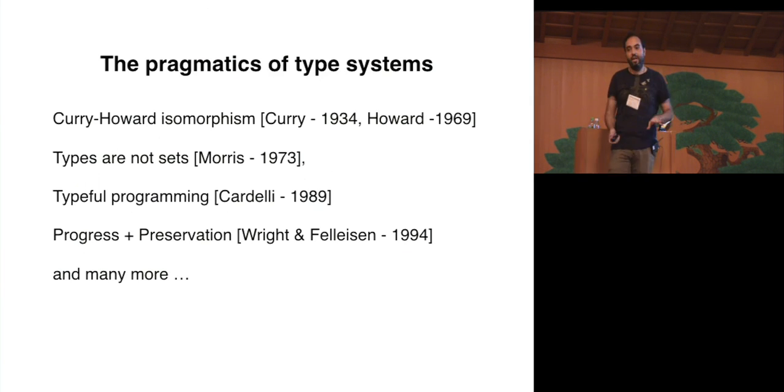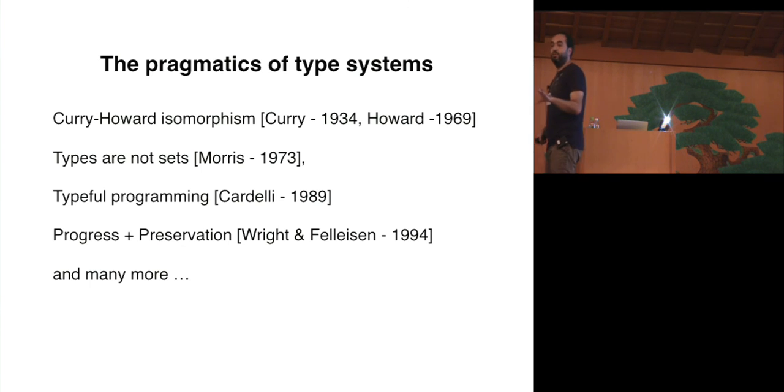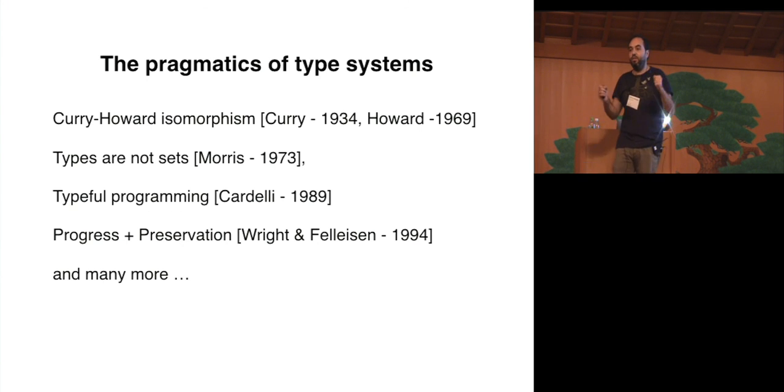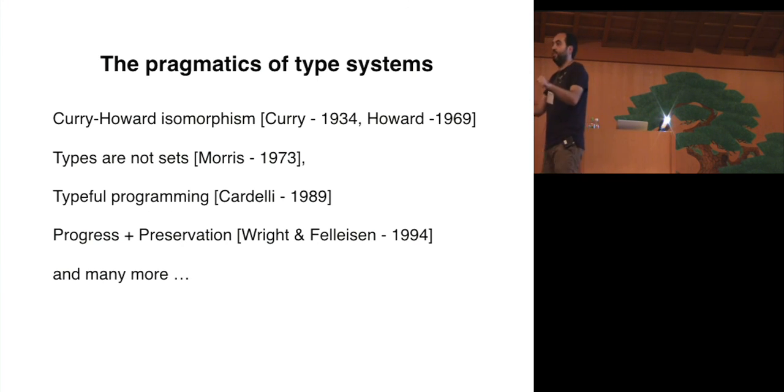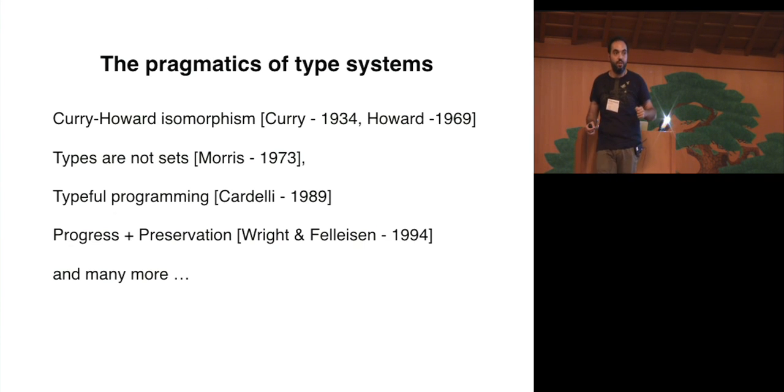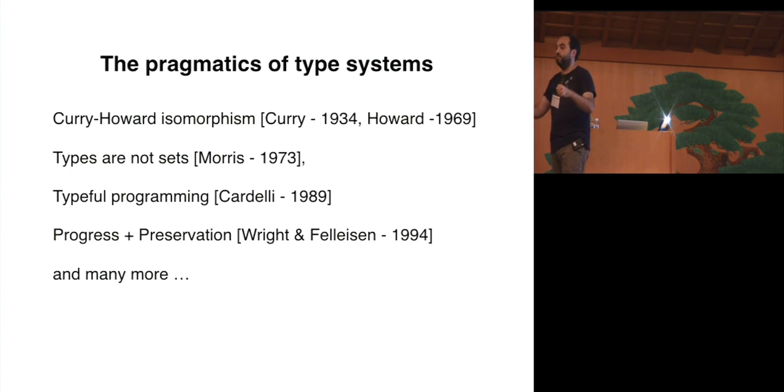But in parallel, there was another strand of research in type systems that was looking at how programmers interact with a type system. Why they find it useful, and how we can use these ideas about the pragmatic value of a type system to prove useful things about type systems, like progress and preservation, to program in the presence of type systems, like typeful programming, and to design new type systems.